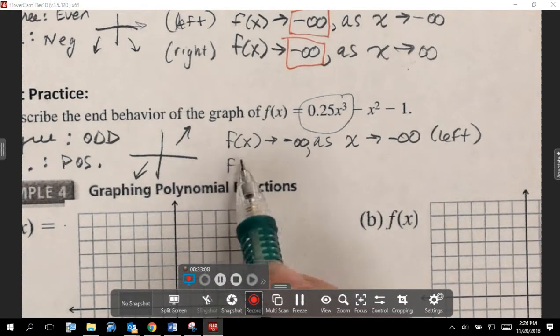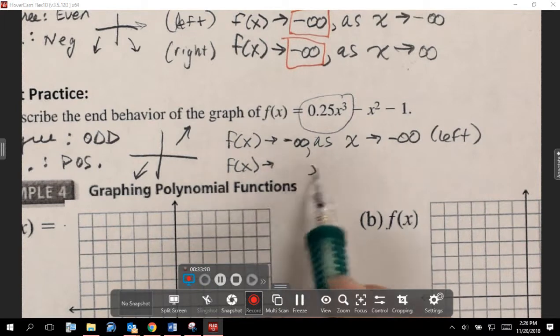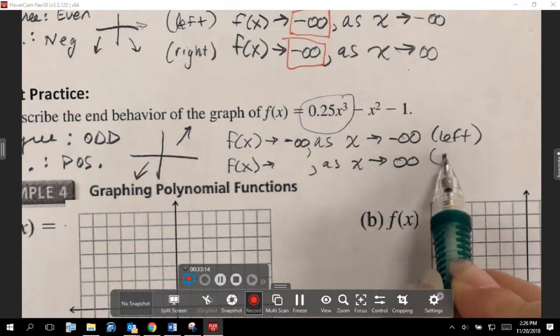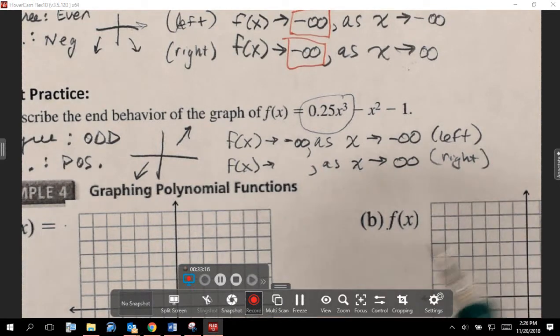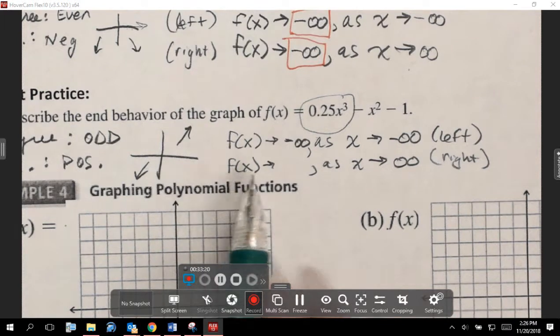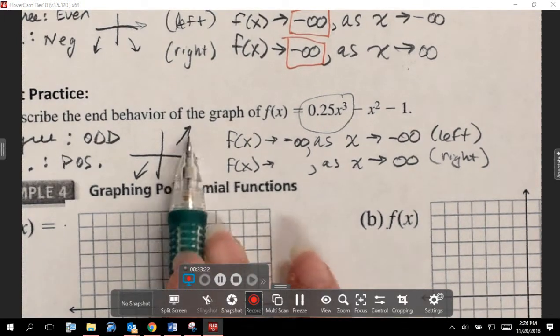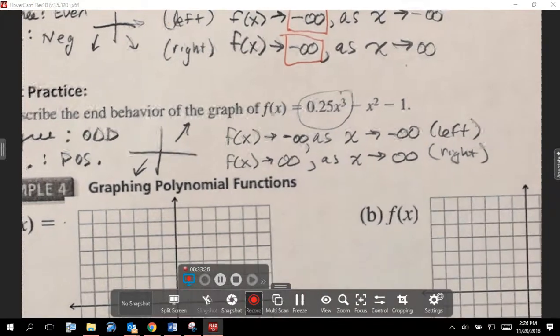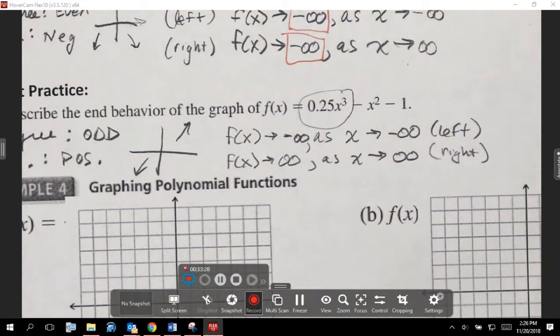So then we do the right side. The right is when x goes to positive infinity. So over here, is my graph going up or down to the right? Positive infinity.